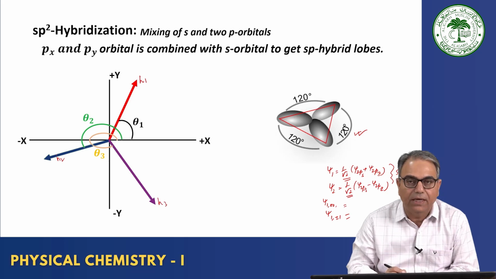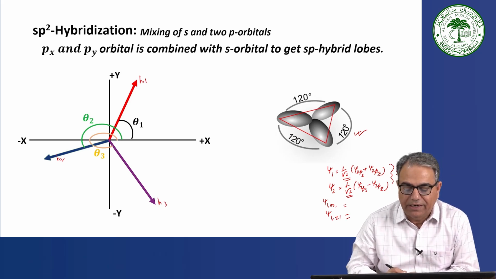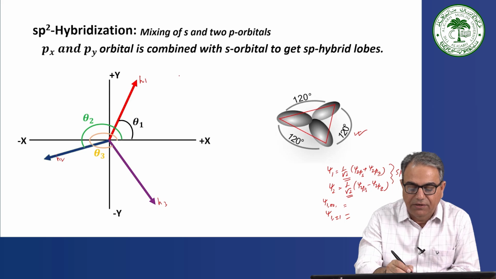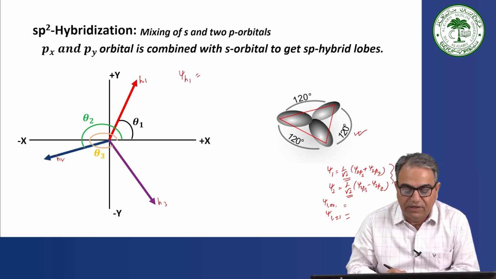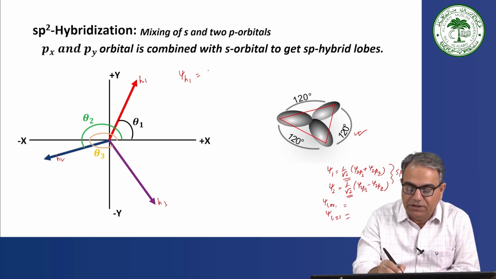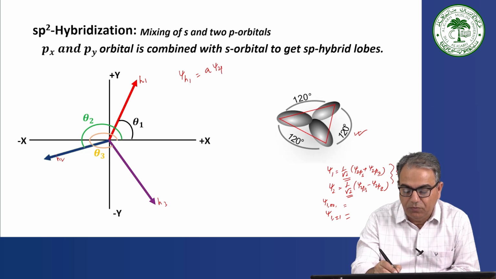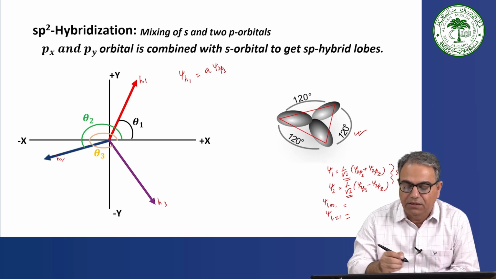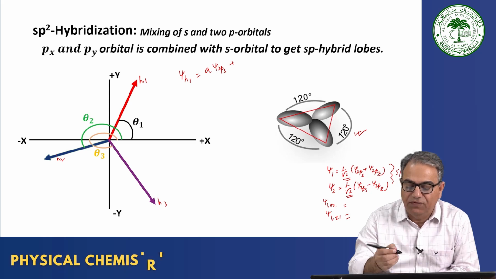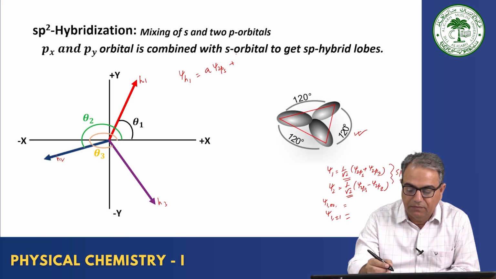Then you can write a wave function for psi H1 with coefficients: A psi 2s, plus B psi 2px, plus C psi 2py.